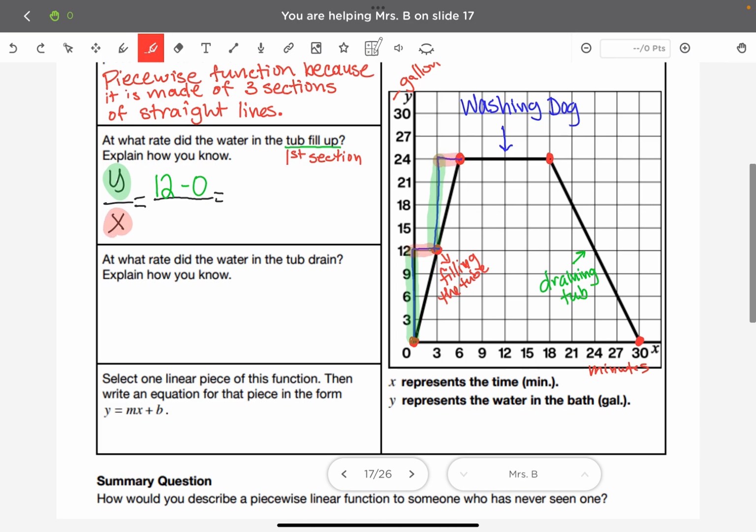I can't just think, oh, I'm going over 1 box, just like I couldn't say I was going up 4 boxes. I have to look to see how much I'm going over. And I'm going over from 0 to 3 and then 3 to 6. So that means I can do my 3 minus 0, or I could do 6 minus 3. All of those would work. Oop, let me put that in red.